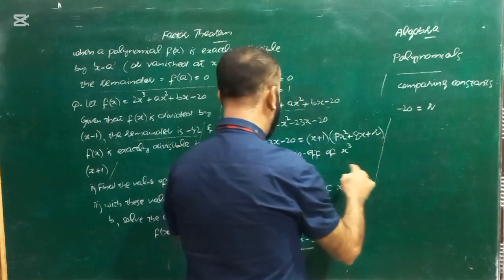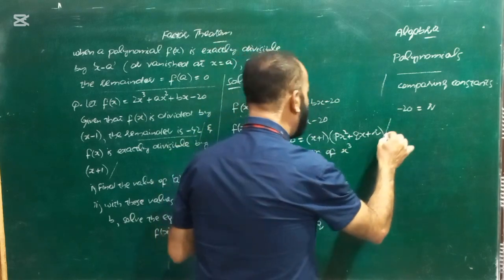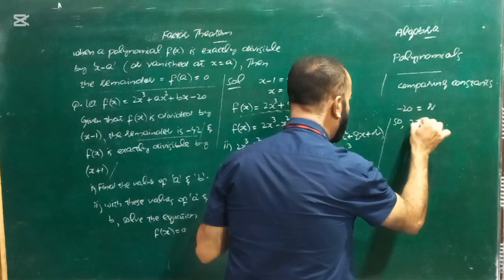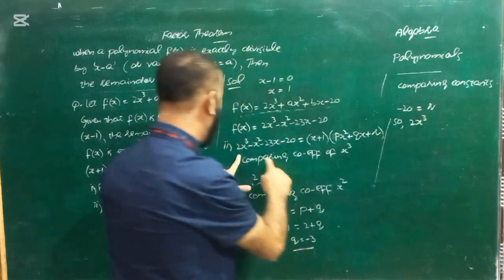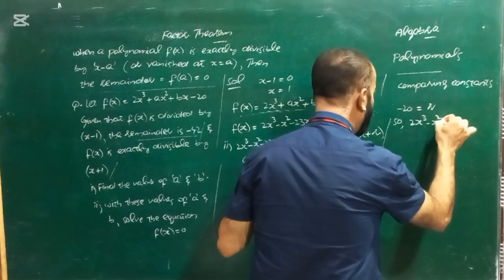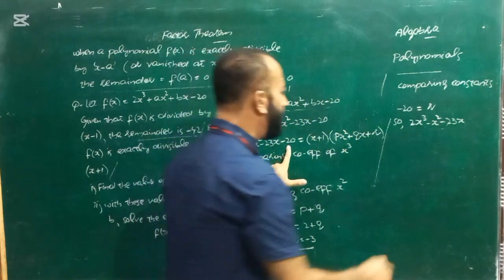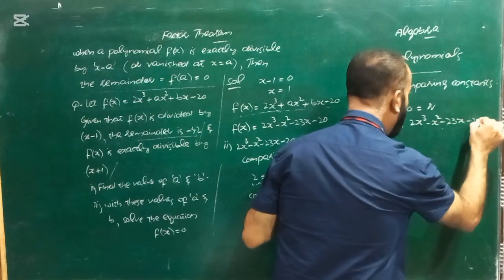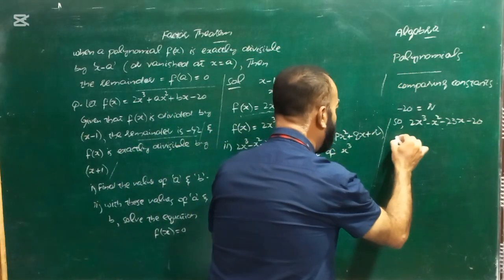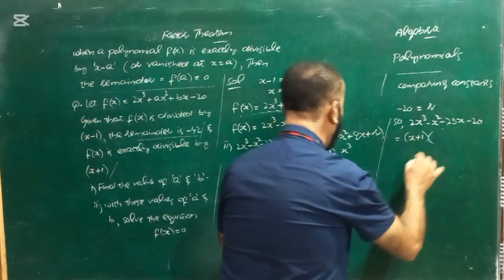So the equation will become on the right hand side 2x cube minus x square minus 23x minus 20, and because this factor is equal to this one, so x plus 1, is equal to x plus 1 into.